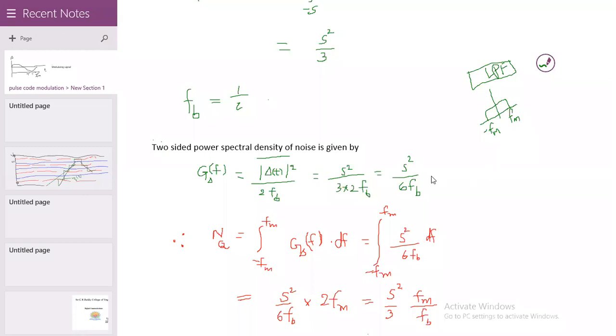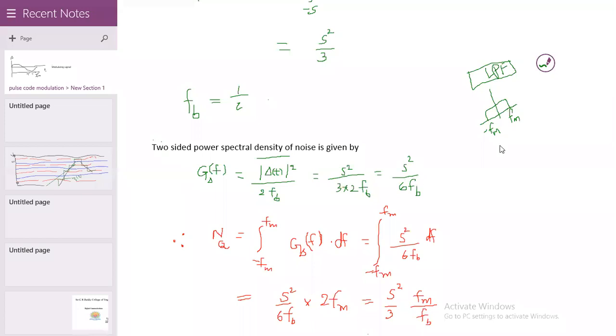You can note down that the two-sided power spectral density of noise is given by G delta of F is equal to the power of that noise within the duration tau, divided by 2 into bandwidth, that is 2 into FB.